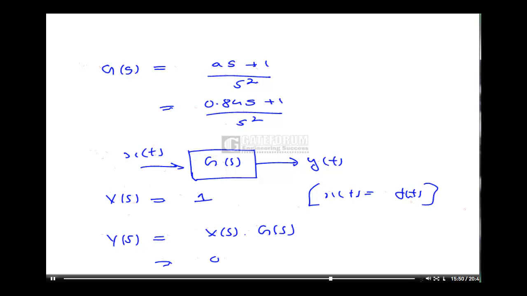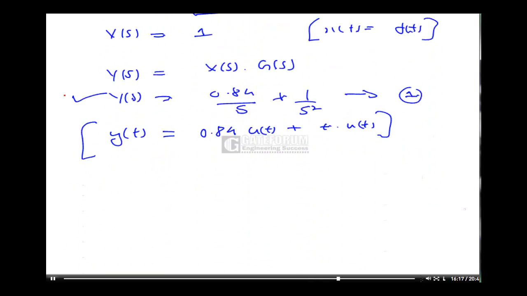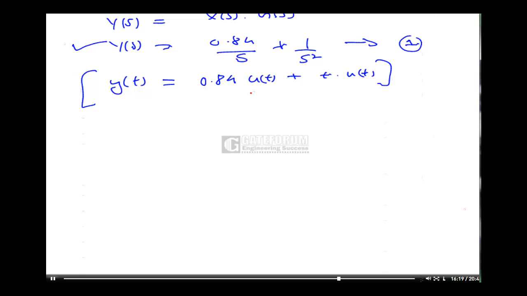This will be equal to 0.84 upon s plus 1 upon s square. So this will be equal to 0.84 u(t) plus t u(t). This is my y(t). I got this y(t) while finding the inverse Laplace transform of this particular equation, so my y(t) is this.